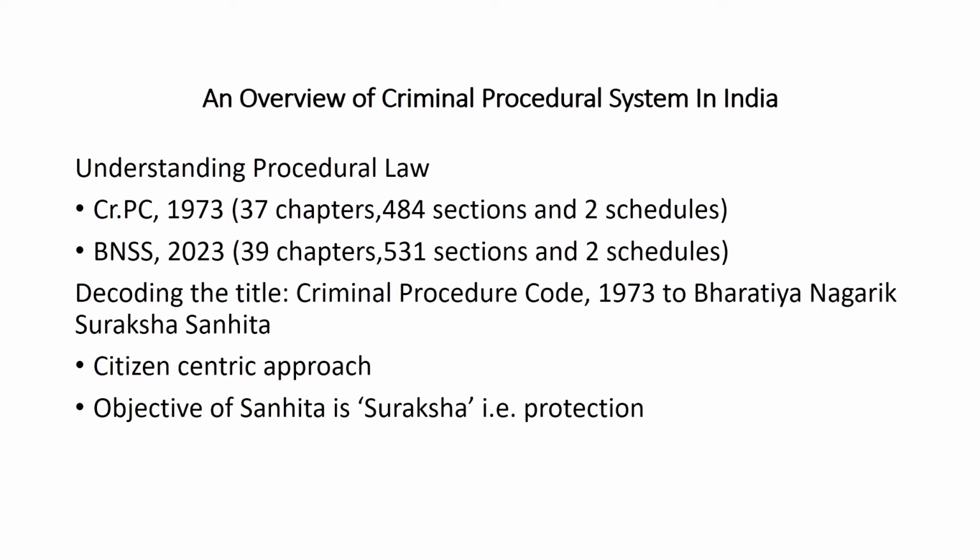So when we were given the first substantive law related to crimes, which was the Indian Penal Code, which was enacted by Britishers way back in the year 1860, immediately after that they gave us a procedural code also.